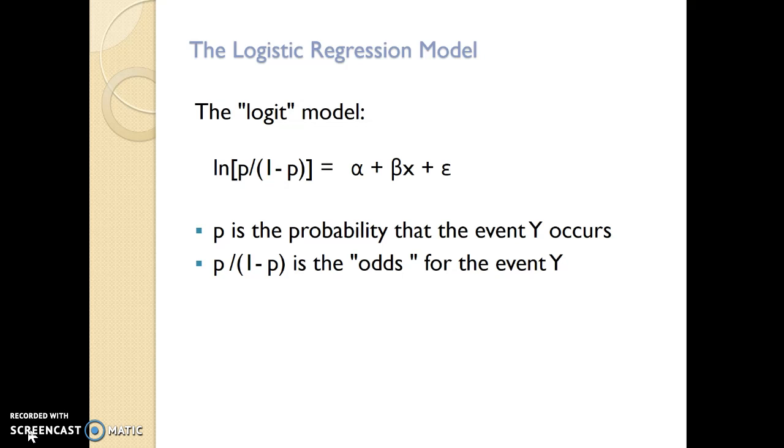So the odds mathematically is written by p divided by 1 minus p. And then the natural logarithm of p divided by 1 minus p is the log odds. And this term is also called the logit.